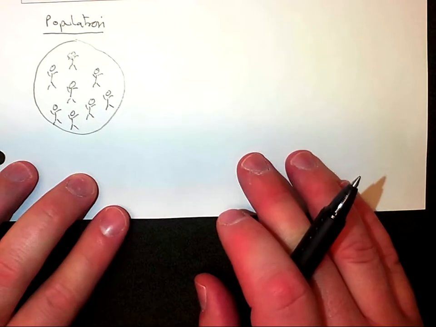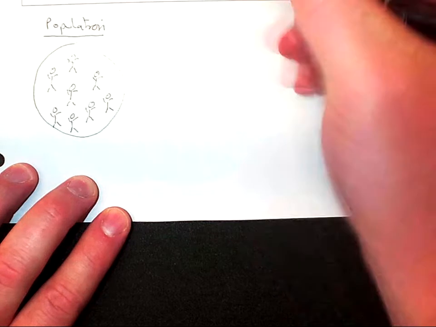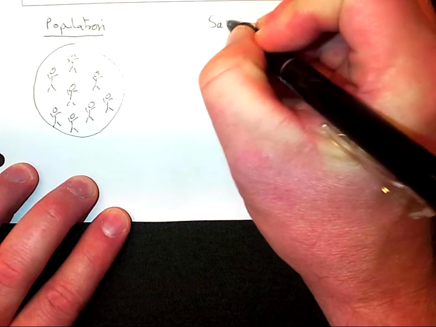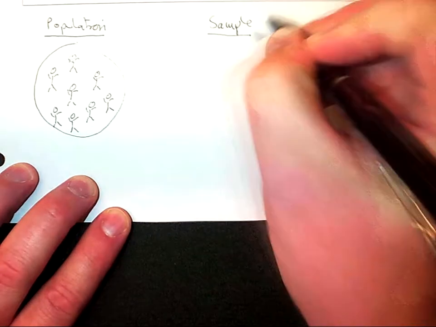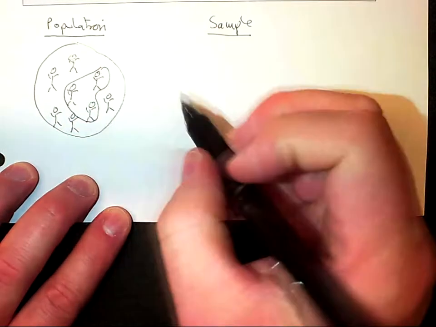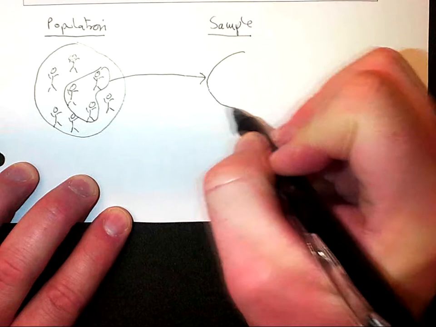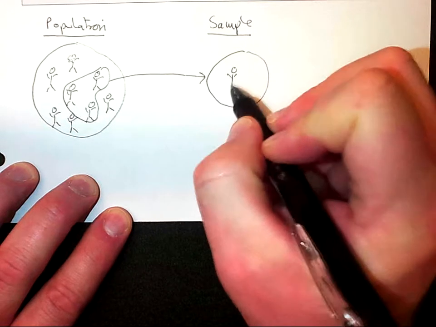If I asked you what the average height is of all students at UNCC, what we already said is that we could take some sample of this population. So maybe we would take something like these three people right here, and we would include these three people in our sample.